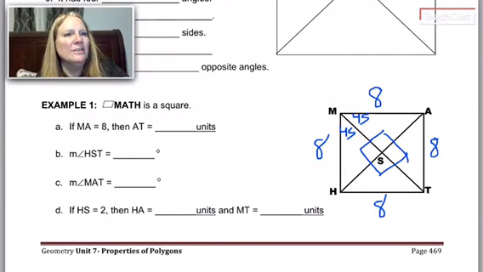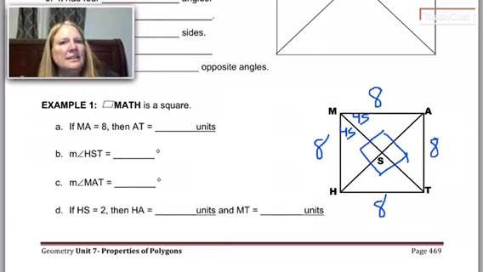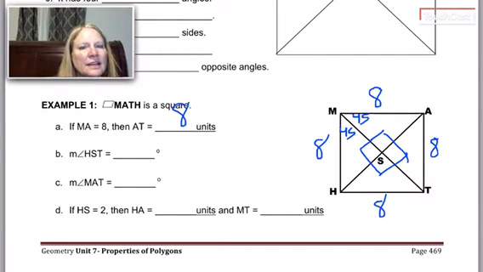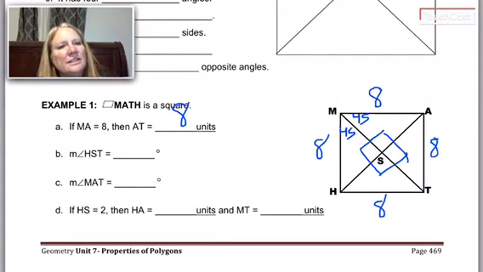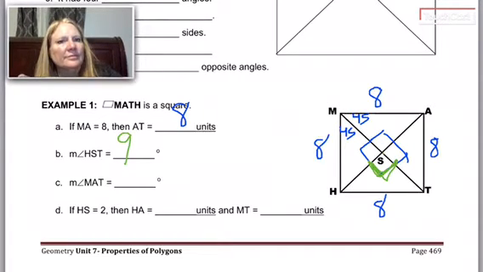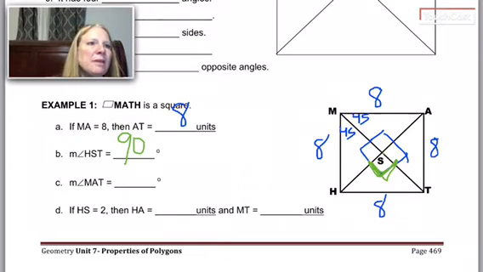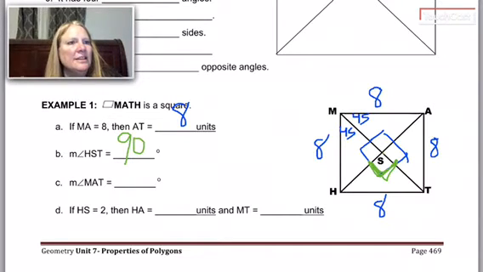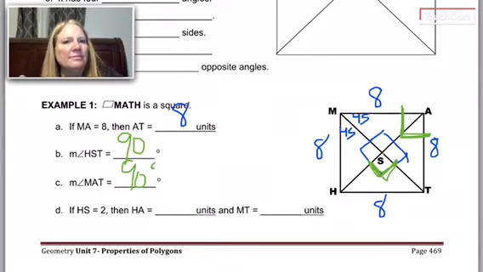So if one side's 8, they're all 8, so AT is 8. Then it asks about HST. ST is right here, and those are all 90. Then it asks about MAT. MAT is right here, and again, all of those are 90.